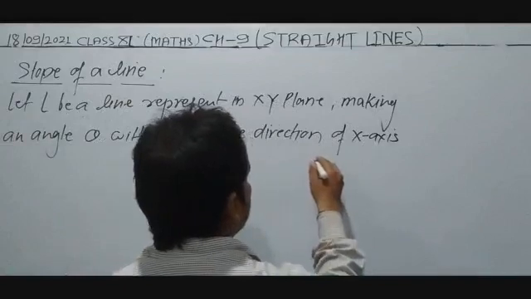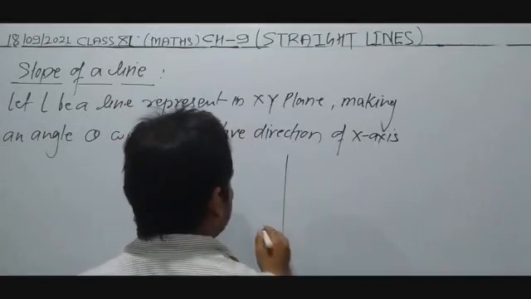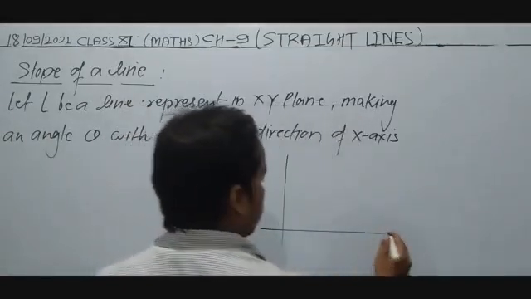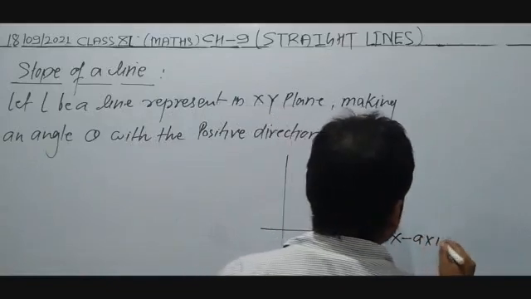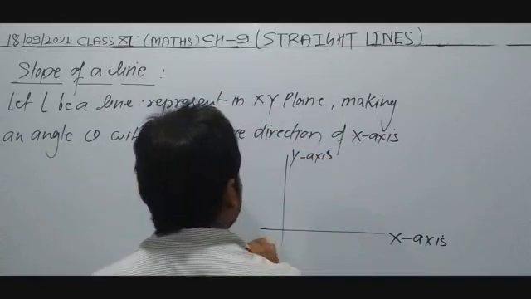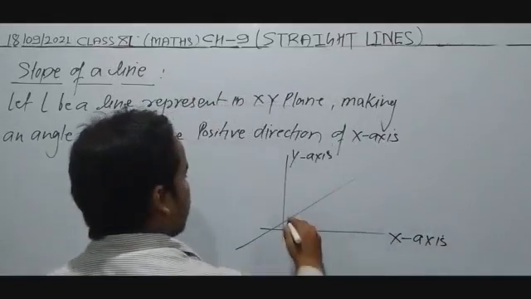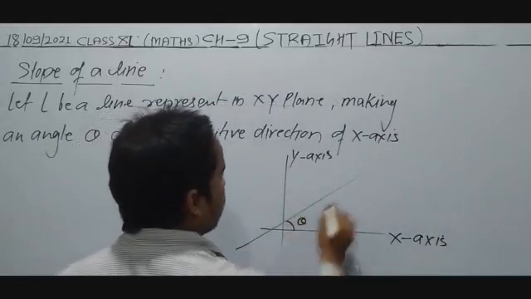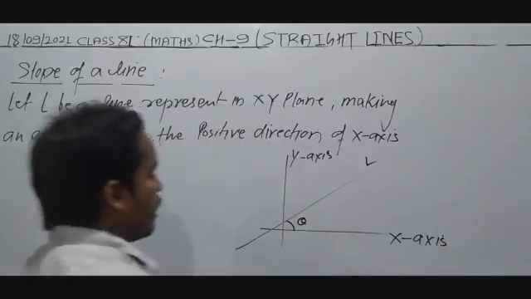Suppose this is the x-axis and y-axis. Now this is the line that makes an angle theta with the positive direction of x-axis.